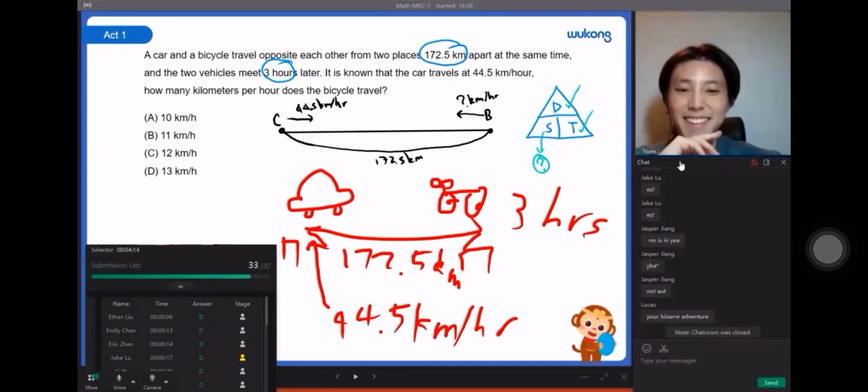So we know that D equals T times S, and so the distance is 172.5 km and the time is 3 hours later.